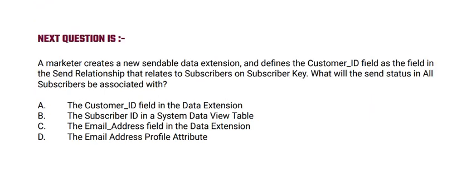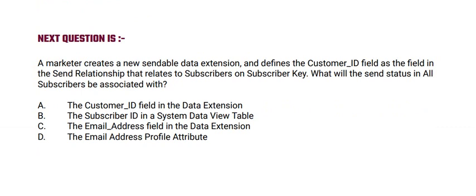Next question is, a marketer creates a new sendable data extension and defines the customer ID field as the field in the send relationships that relates to subscribers on subscriber key. What will the send status in all subscribers be associated with?